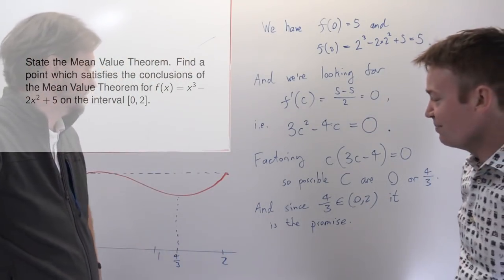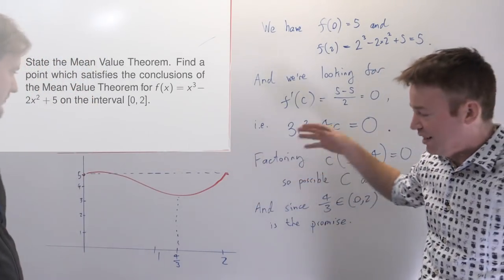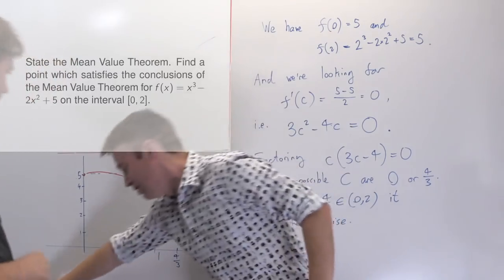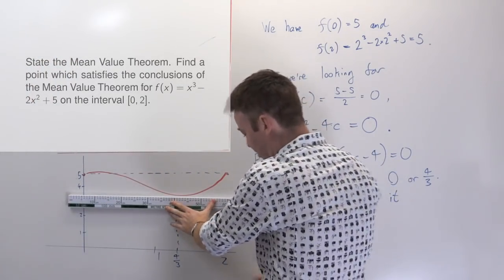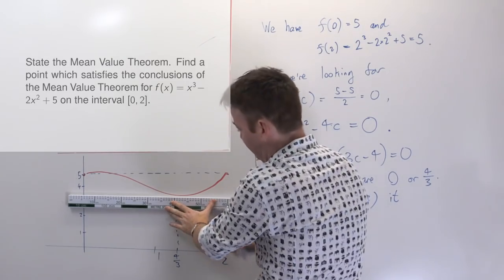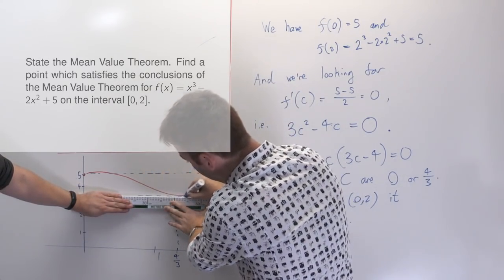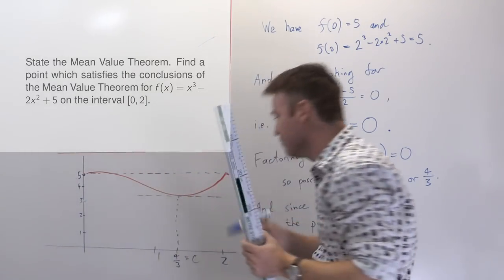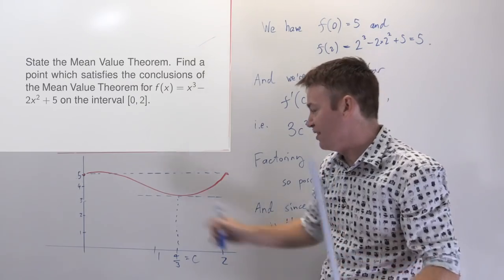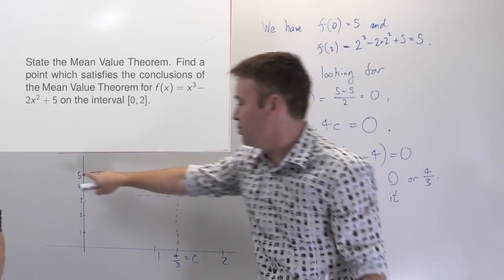I really like the picture. Whenever I see a mean value theorem that involves the picture, really the whole theorem can be stated almost with the picture, because it tells you that there is some c such that the slope of the function at that point is equal to the slope between the endpoints.